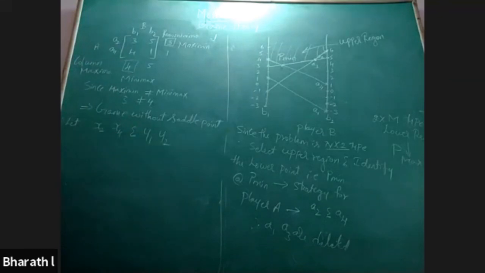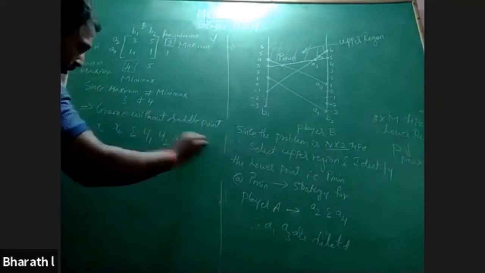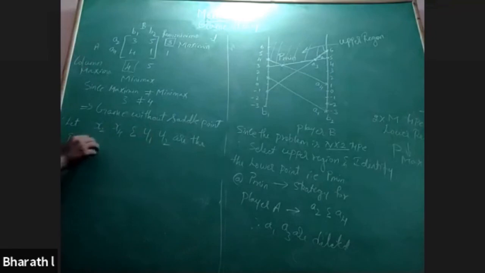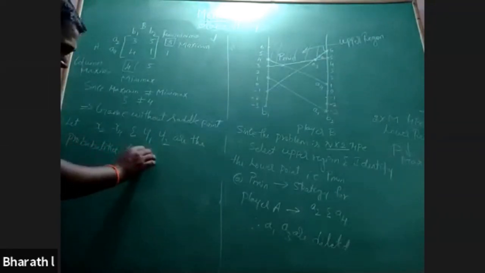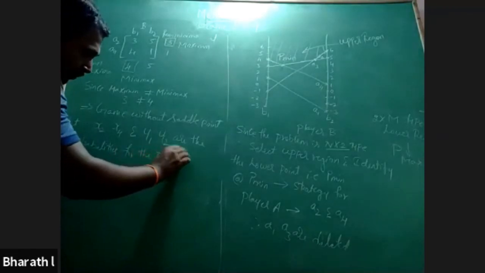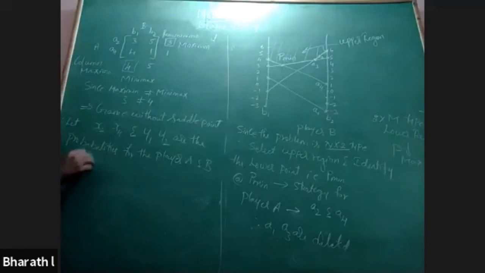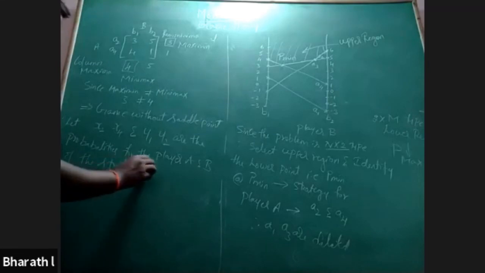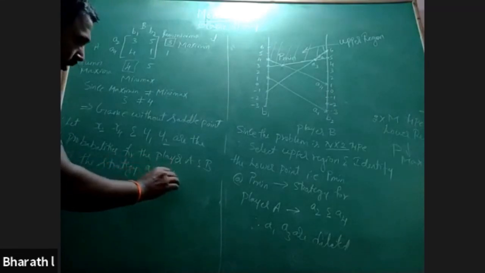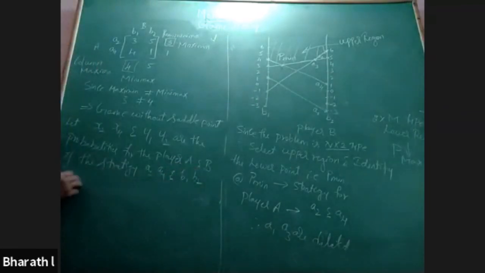You write all the wordings: x2, x4 and y1, y2 are the probabilities for player A and B of strategies A2, A4 and B1, B2 respectively.